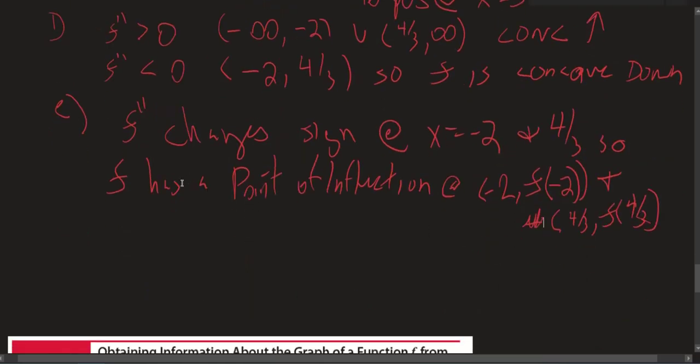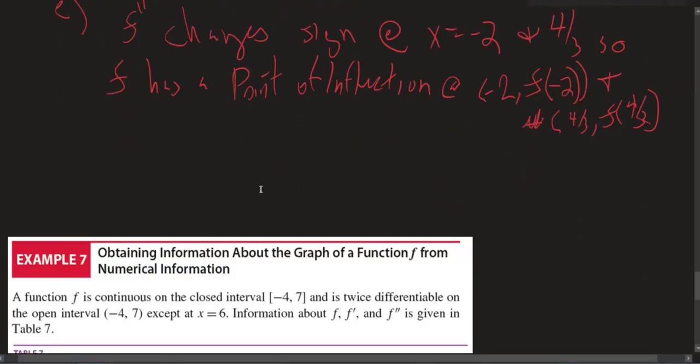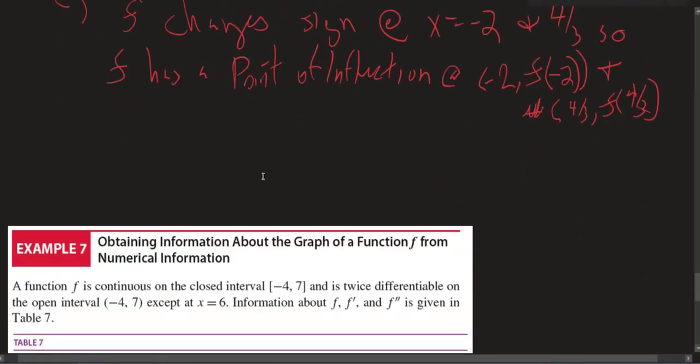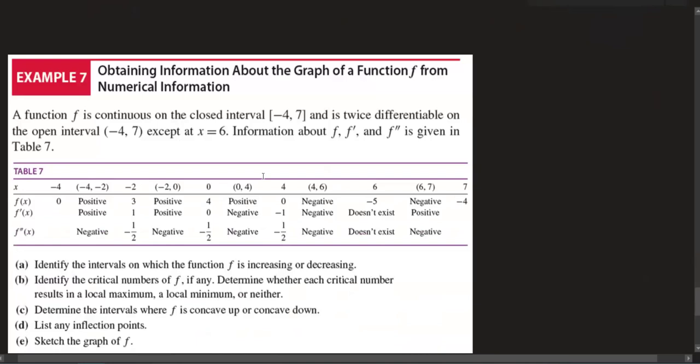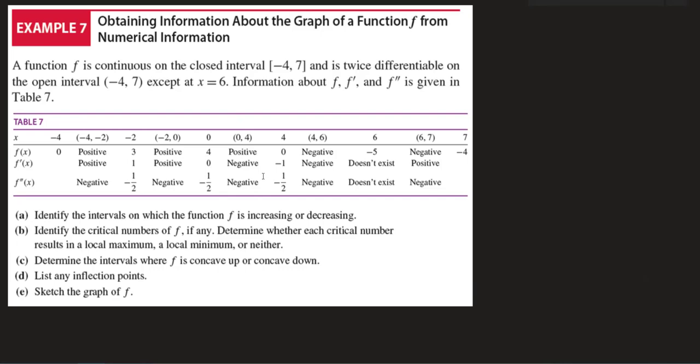Okay, so our next question that we want to go over concerns obtaining information about the graph of a function from numerical information. We have a function f that is continuous on the closed interval -4 to 7 and is twice differentiable on the open interval -4 to 7, except at x equals 6.